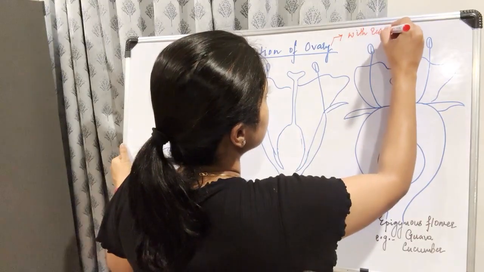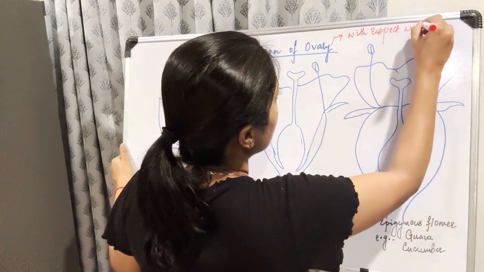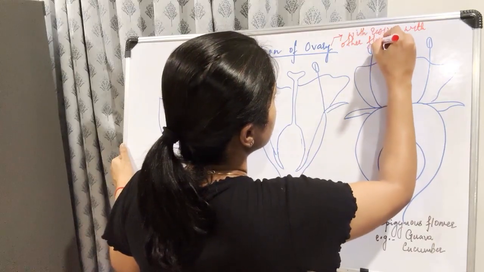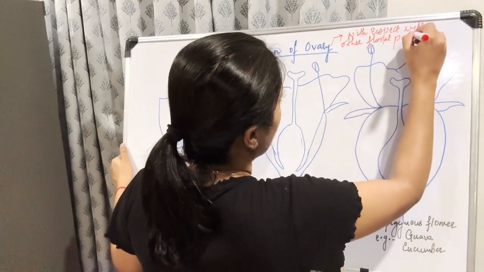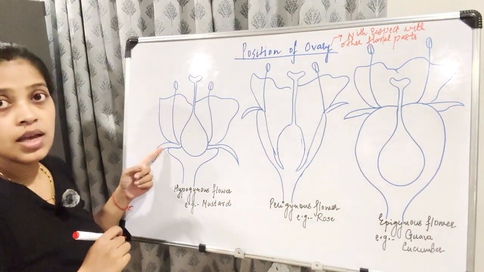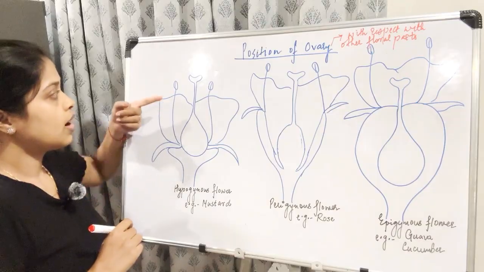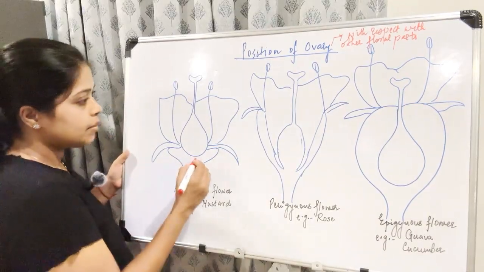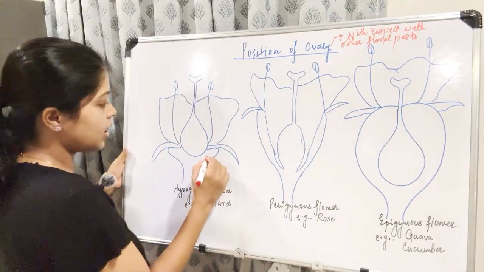Position of ovary with respect to other floral parts. Other floral parts means with respect to the calyx, corolla and stamen. This is the thalamus. So I'll label it in one and the rest you will understand.